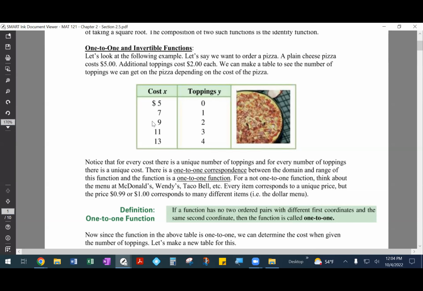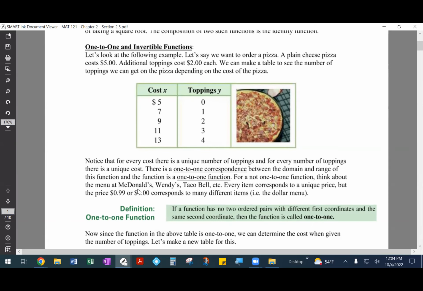That's what we're talking about when we're talking about one-to-one correspondence. So for $5, there should only be 0 as the number of toppings. For $13, there should only be 4 as the number of toppings. There can be no repetition between them. So that's that one-to-one relationship that we are looking for when we're trying to find the inverse functions.